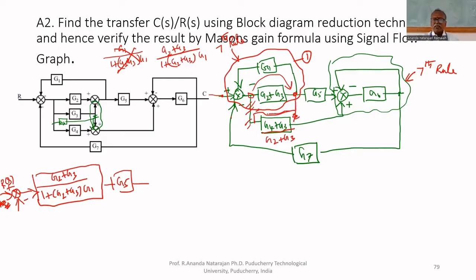This red line is in parallel with the G5. Am I correct or not? Follow this red line. This G4 plus G3 upon G2 plus G3 is in parallel with the G5. Am I correct or not? Therefore, what I can do is add it with the G5.